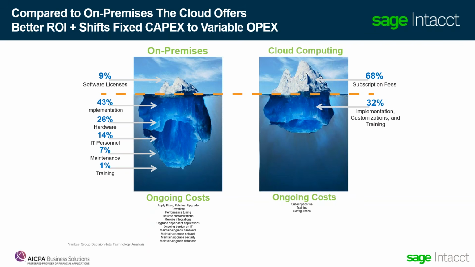And if you look at that breakdown, you can see that things like implementation and hardware, more specifically maintenance. Sometimes maintenance is a double-digit figure here instead of a single digit. So the license that you see above the water is just a very small part of what you are really paying for.